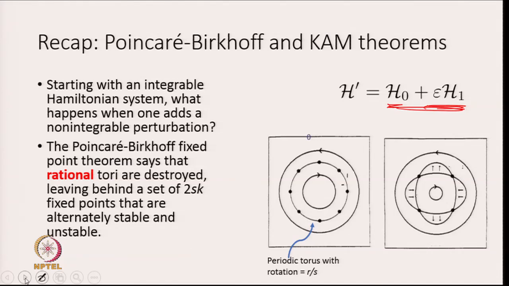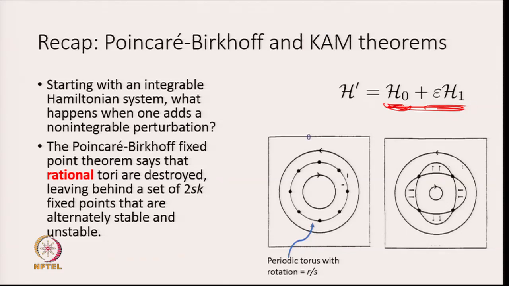When you have an integrable Hamiltonian, denoted here by H0, then all the motion lies on tori, because this is integrable and the entire phase space is covered by tori, each of which is indexed by particular values of the actions.